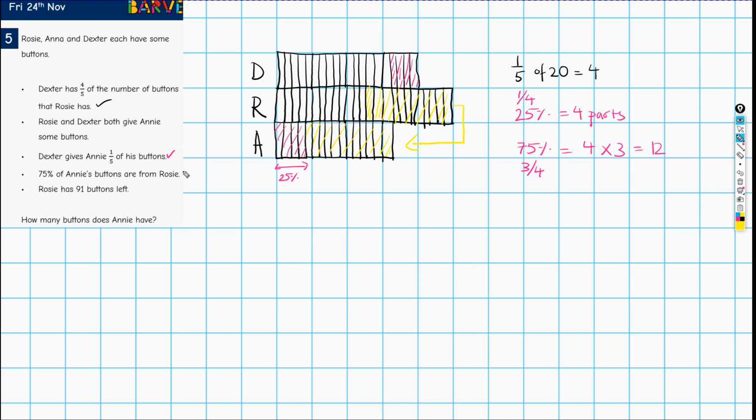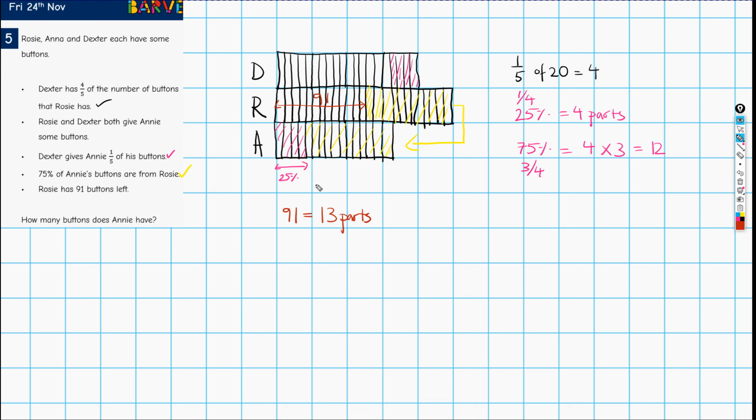Okay. Now what are we told? Well, Rosie has 91 buttons left. That means that whatever this is, from here to here has a value of 91. How many parts is that? Well, that's 5, that's 10, 11, 12, 13. So 91 is equivalent to 13 parts.